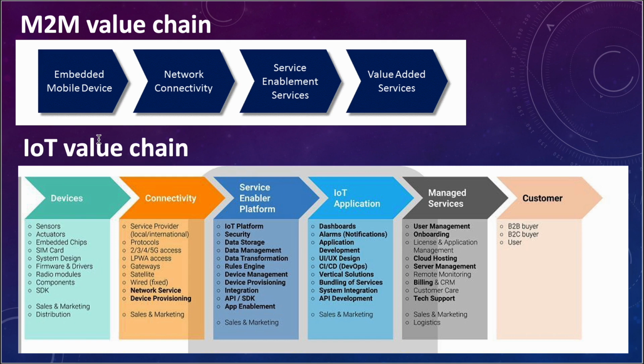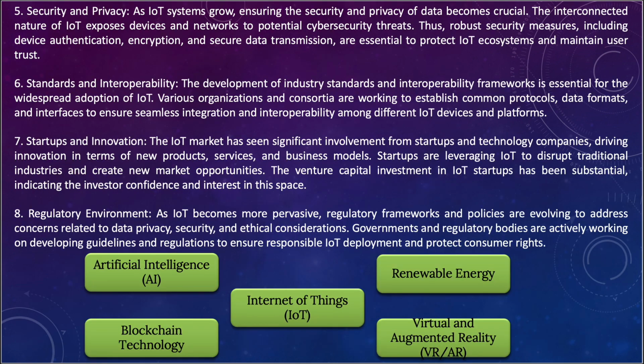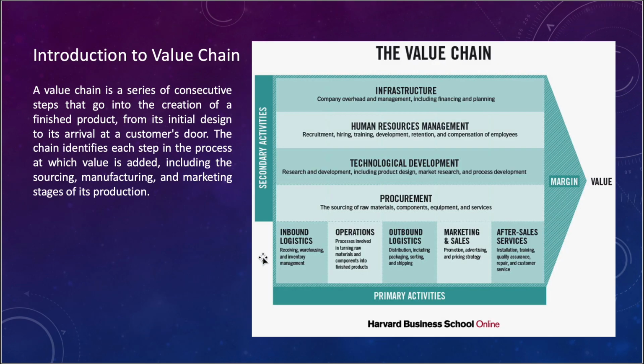Let's say for example, the value chain of Dialog or Mobitel would contain raw materials such as Cisco core switches or Cisco access points. So inbound logistics would be them.